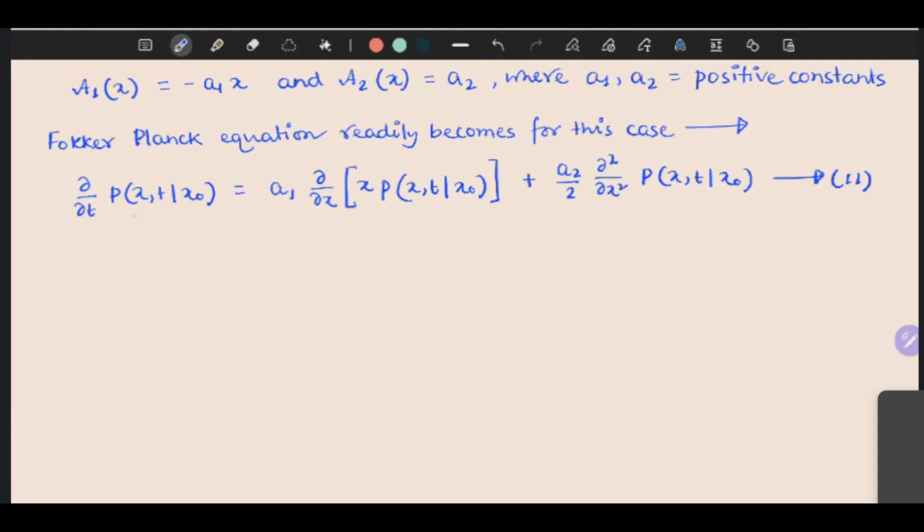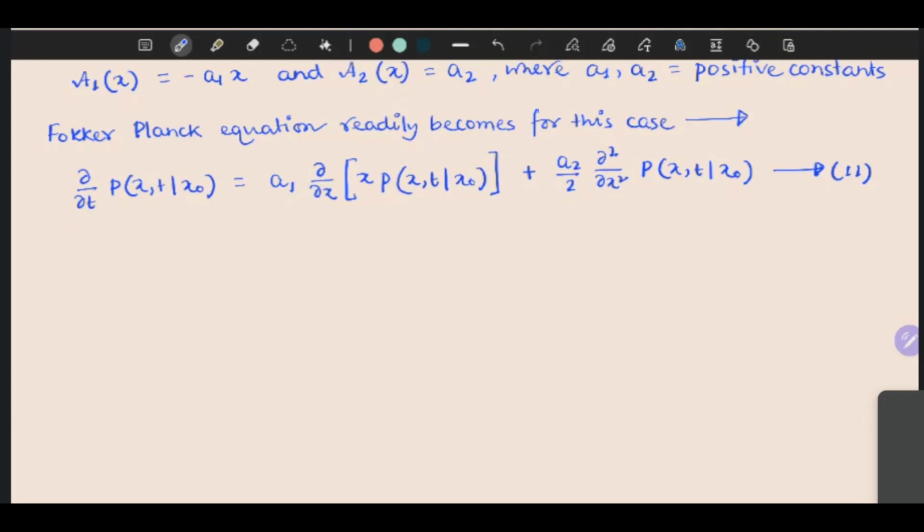In this equation there is t, there is x, and a1 x, so a1 will be, just because there is del x also, the physical dimension of a1 is 1 by time, that is T minus 1.